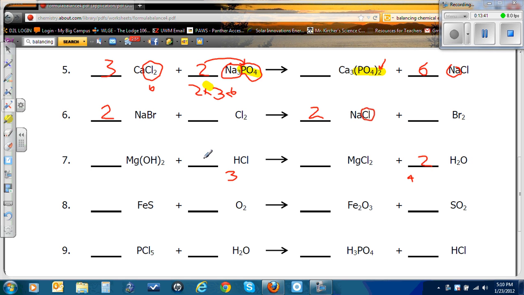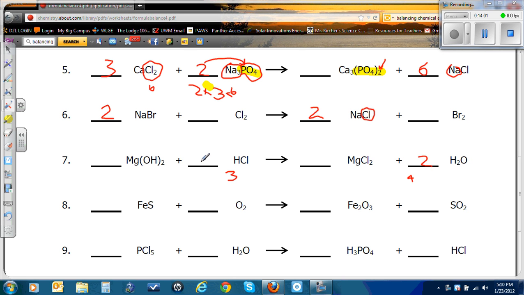So on this side, we have 2 here and the 1 here. To get to 12, we can try different stuff, but sometimes it's more effective to look at, for example, the oxygen, which we have 2 of and 2 of, so that's balanced.